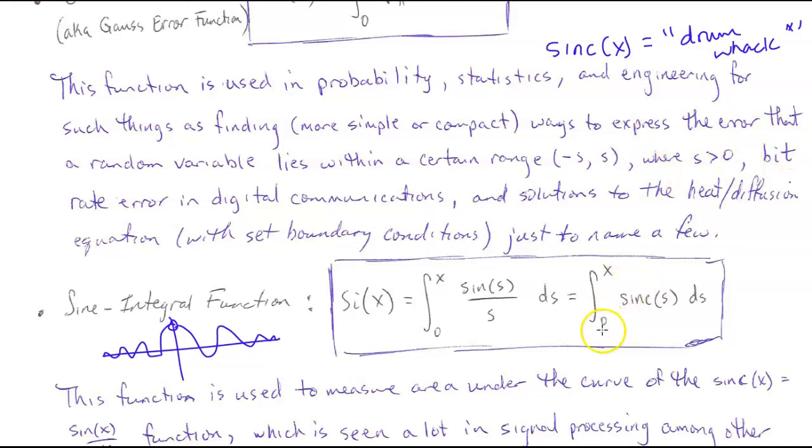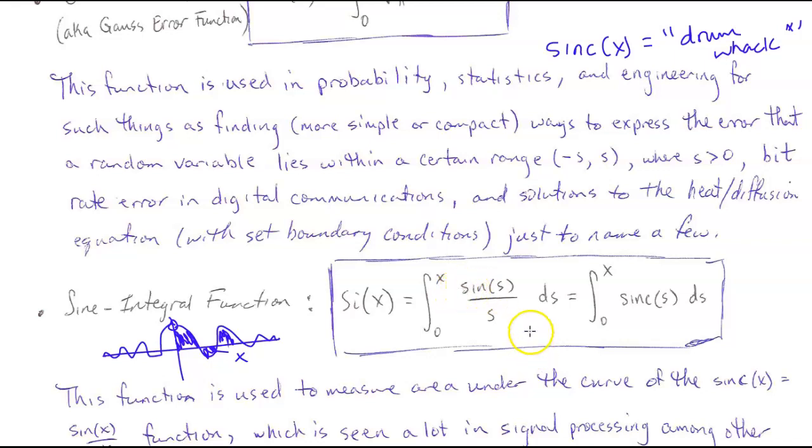Now, of course, if we're doing the definite integral of this from 0 to x, then what we're really trying to do is find the area under the curve of this function from 0 up until some value x that we define. Okay. And to deal with this, we could try to take the antiderivative, but it's going to be a little difficult to do.